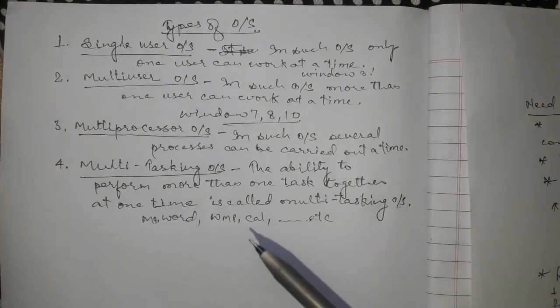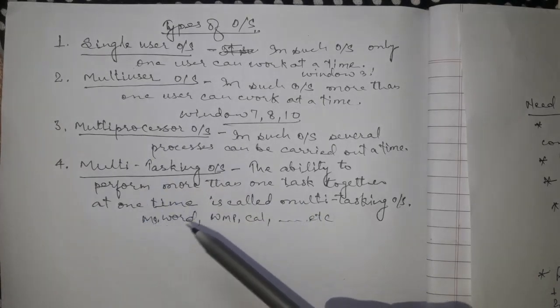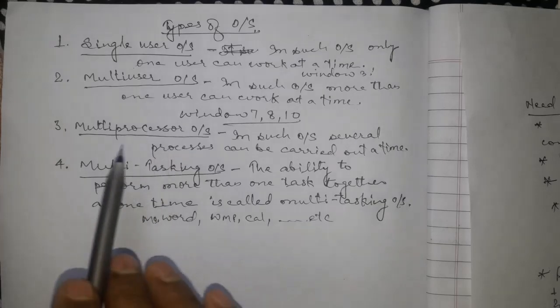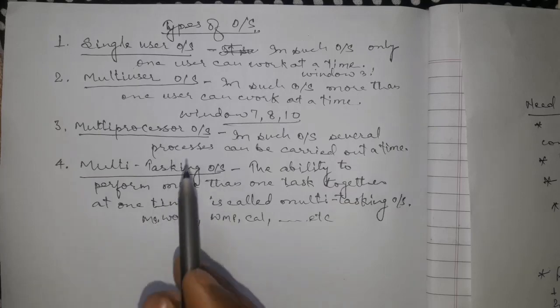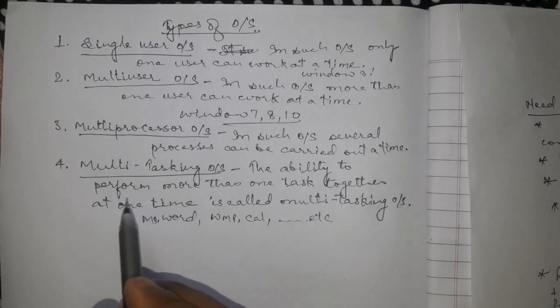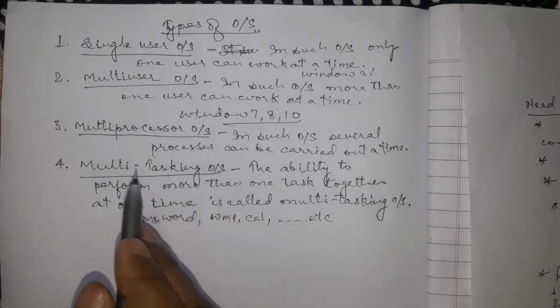Sometimes one gets confused between multiprocessor operating system and multitasking operating system. A multiprocessor operating system can manage multiple processes, but it needs no interaction of the user.